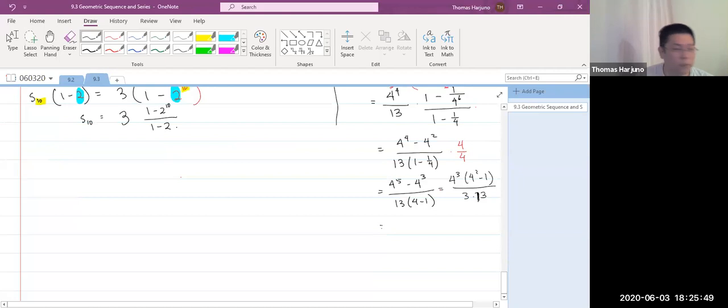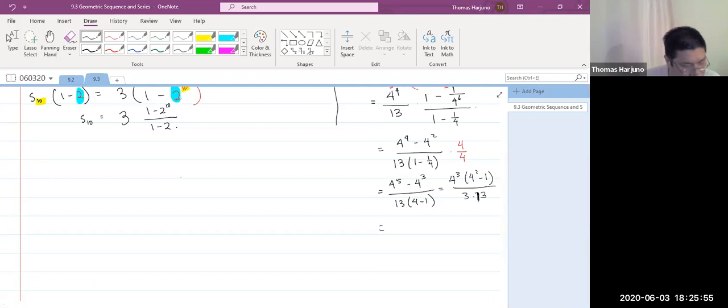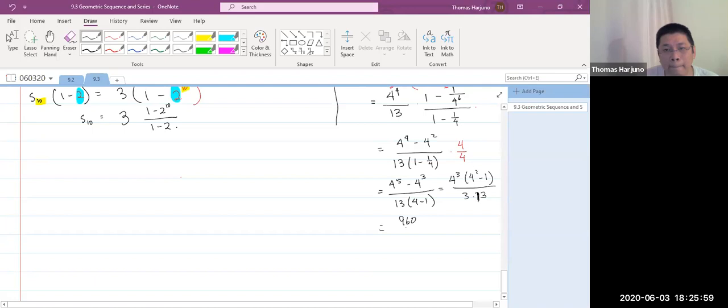So 64 times 15 is 960 over 3 times 13. I can reduce by 3. 320 over 13.